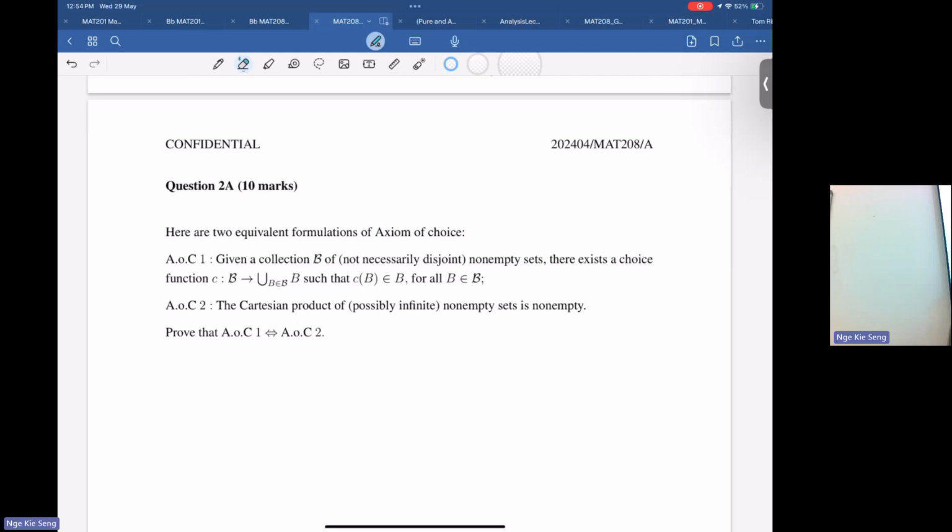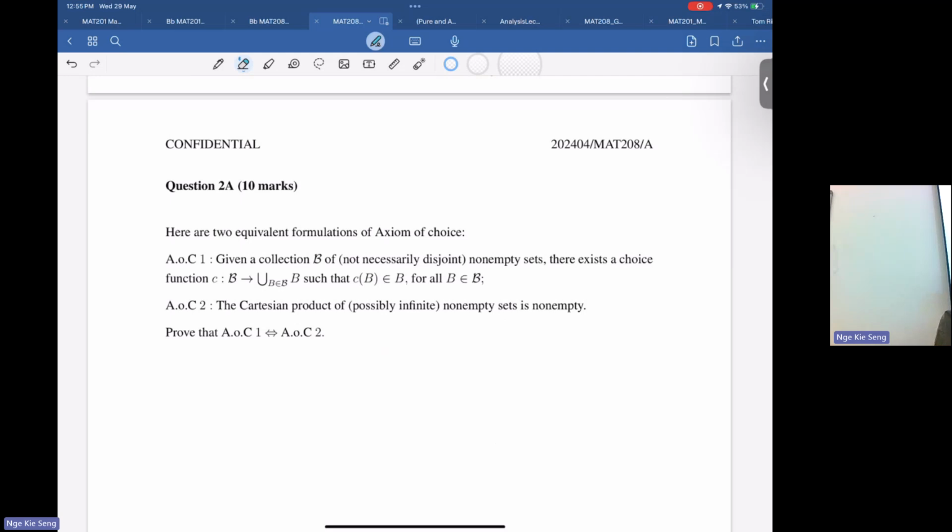The elements there are non-empty sets. So this function, if you feed it one non-empty set, gives you an element inside that set. Because it's non-empty, I can pick one element inside there.